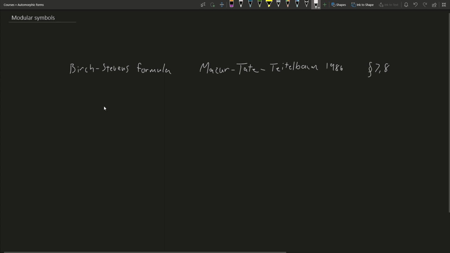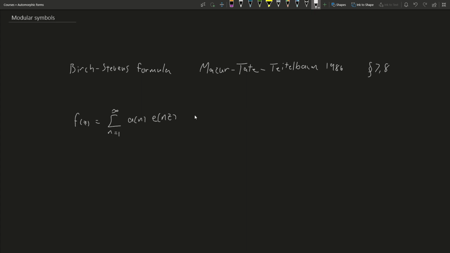So the idea is that you can define this L-function. So L(s), well, maybe I should say what f is. So here we're going to take f(z) to be the sum over n from 1 to infinity of a_n e(nz).